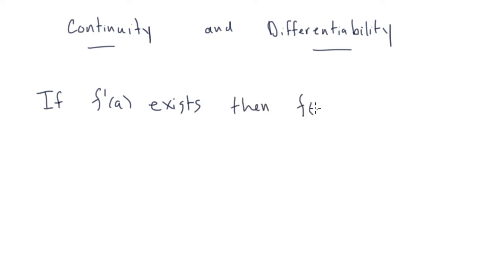I can conclude that f of x is continuous at a. So this is what we call a property being stronger than another property. Differentiability implies continuity. So let's actually see why this is the case.